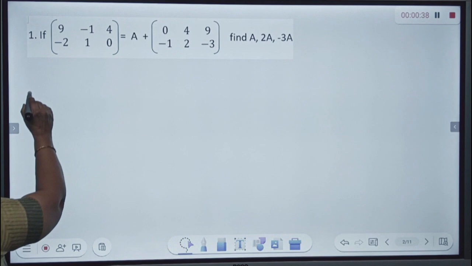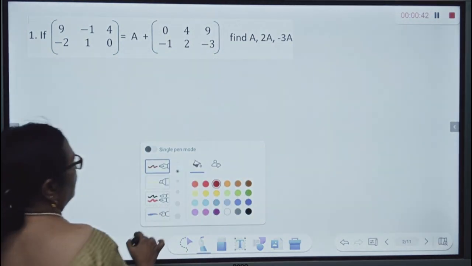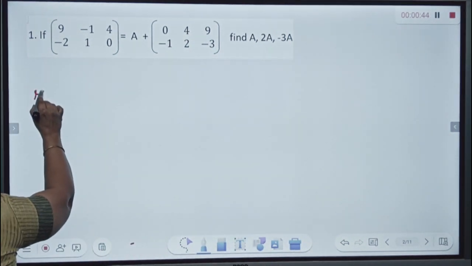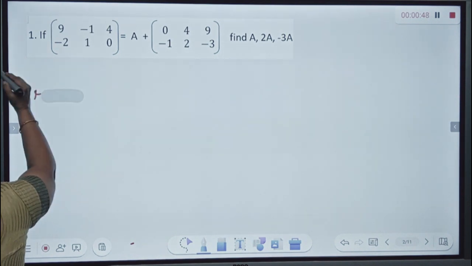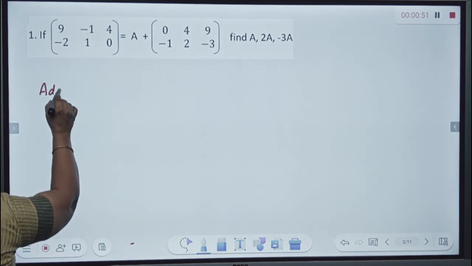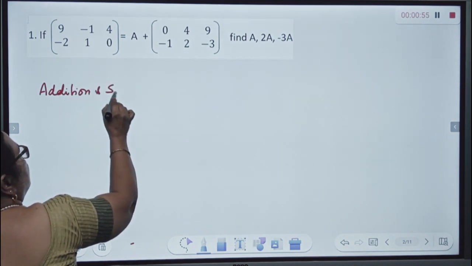First of all, multiplication, even before that, addition and subtraction.